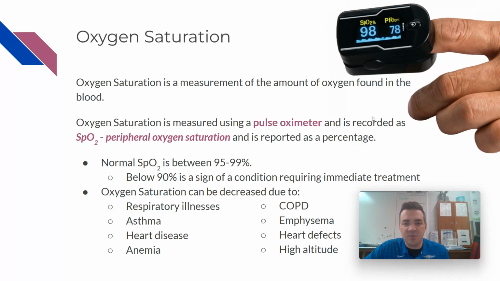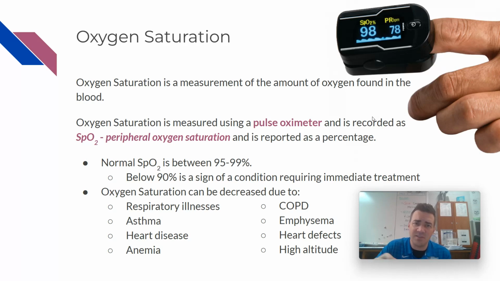So oxygen saturation can be decreased due to, like I just talked about, respiratory illness like COVID, but also things like asthma, heart disease, anemia, which is when there's not enough iron and not enough red blood cells in the blood. COPD, which is chronic obstructive pulmonary disorder, is kind of like the other side of emphysema.